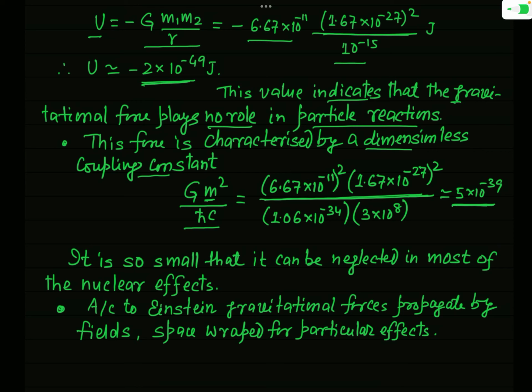And as I have told you, the value of the coupling constant determines the strength of an interaction, and since the value of this coupling constant for gravitational interaction regarding nuclear phenomena is negligibly small, we can simply say that this gravitational interaction can be neglected in most of the nuclear effects.